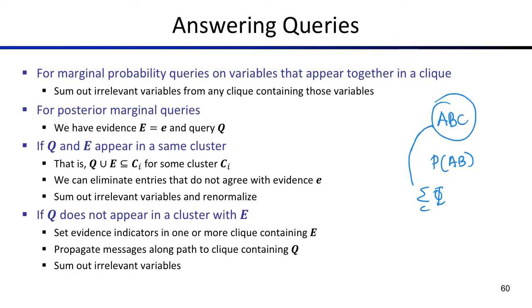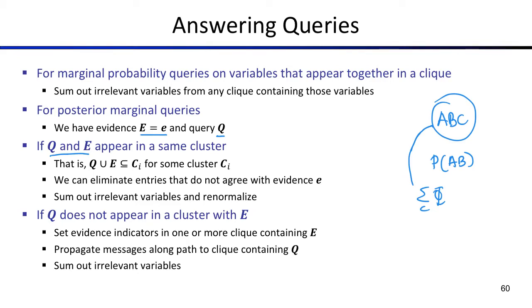A little bit more complicated: for instance, I want to compute a posterior marginal query. So I set some evidence E, and I have the query variables Q. I have two situations. The first one is that Q and E appear in the same cluster, which is a little bit simpler.